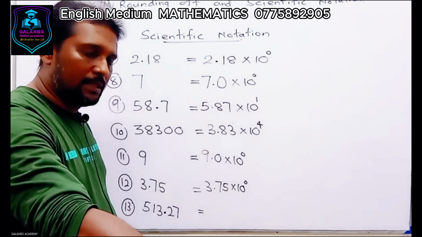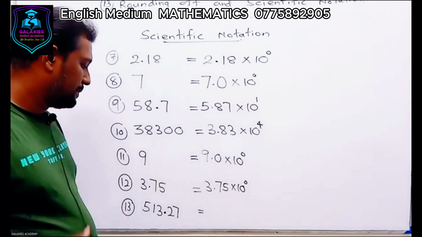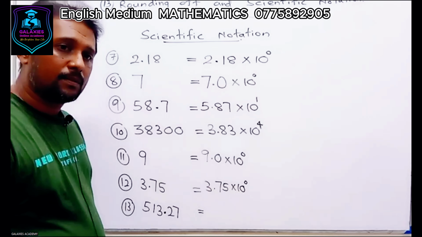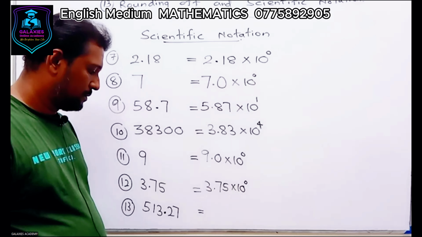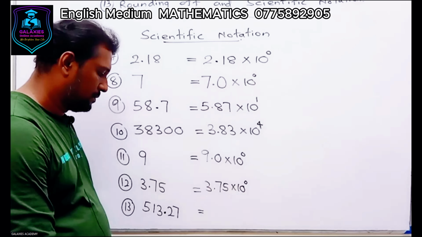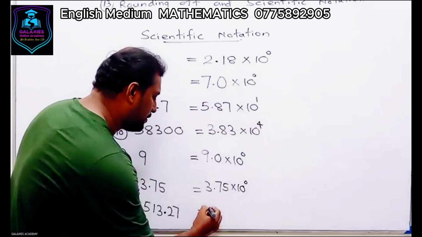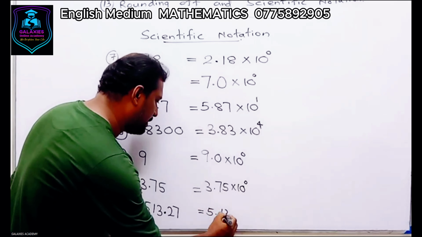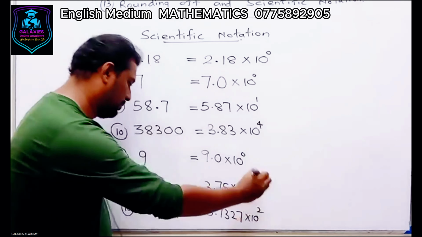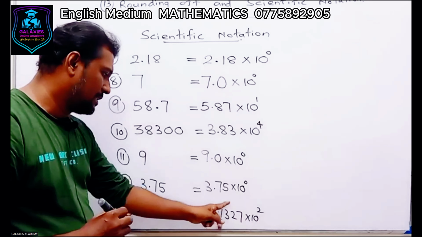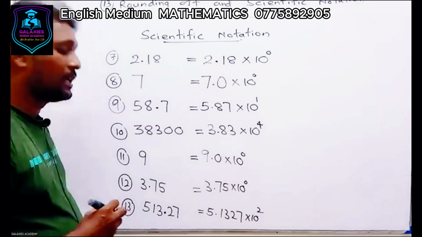Tanuji, can you give the answer of this one? 5.1327 multiplied by 10 to the power 2. Yes. Right. Two places we have to move to get the initial number, no?